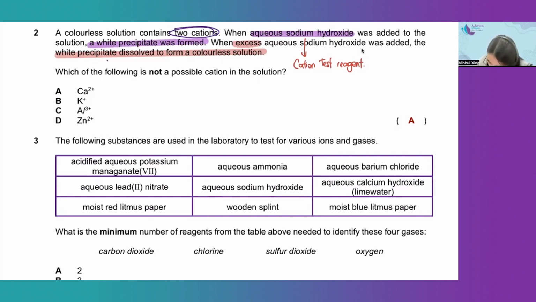And the other cation has no visible observation. Means there is no PPT formed.